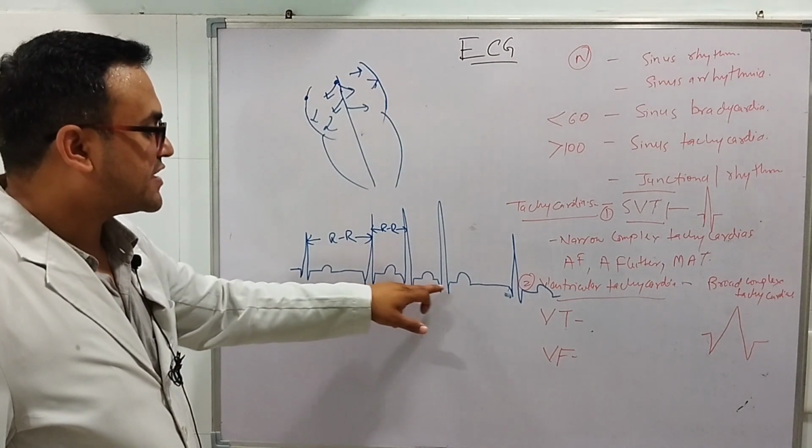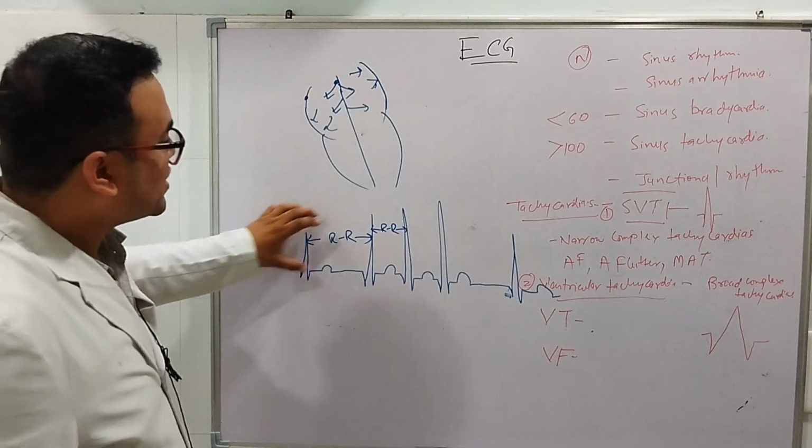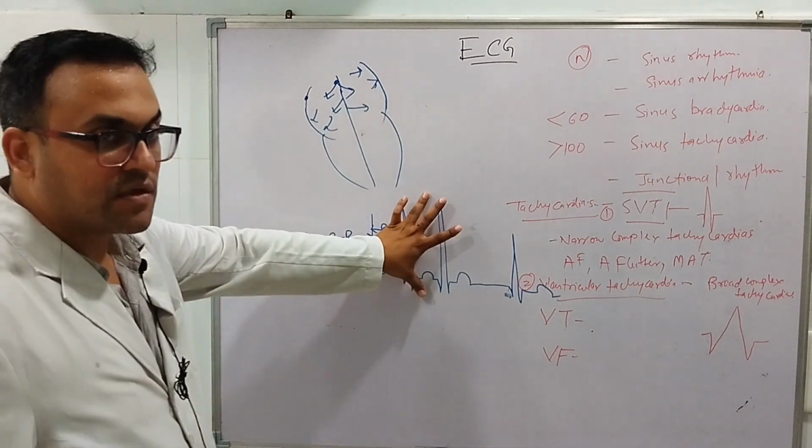This is the T wave. There are no P waves preceding the QRS complexes. The height of QRS complexes is also different.